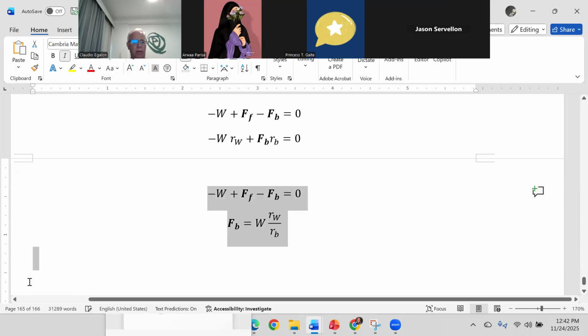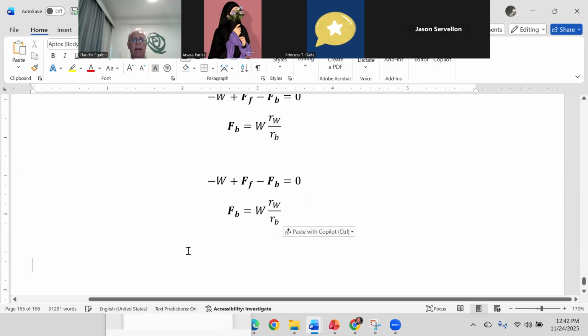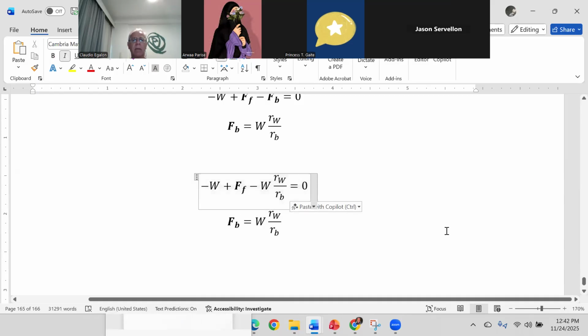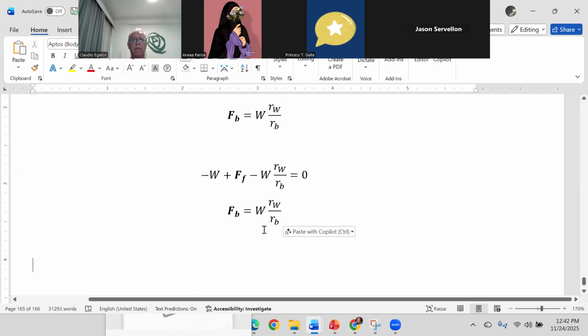And to find out the force that the fulcrum is applying to the board, we substitute right in here and solve for the unknown parameter, the force that the fulcrum is applying.